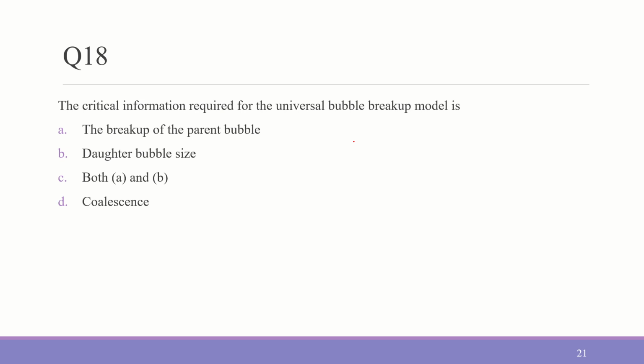So the answer to this question is option C, both A and B. We require information about the breakup of parent bubble, and we also require information about the daughter bubble size.